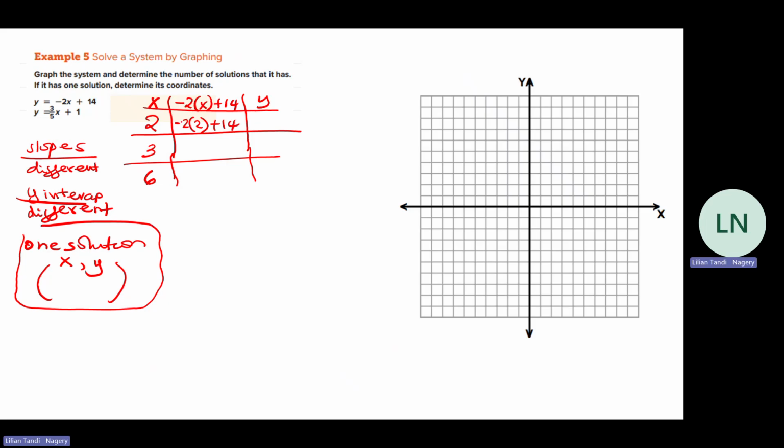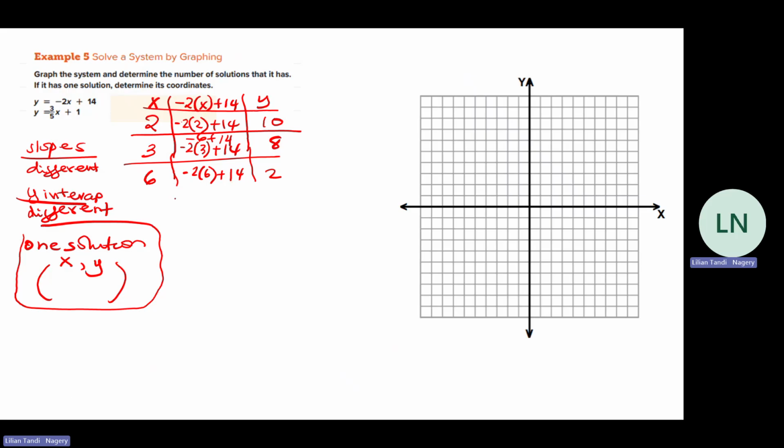That will be negative 4 plus 14, which is 10. Negative 2 times 3 plus 14. This is negative 6 plus 14, which will be 8. And then negative 2 times 6 plus 14, negative 12 plus 14, which will be 2, like that.